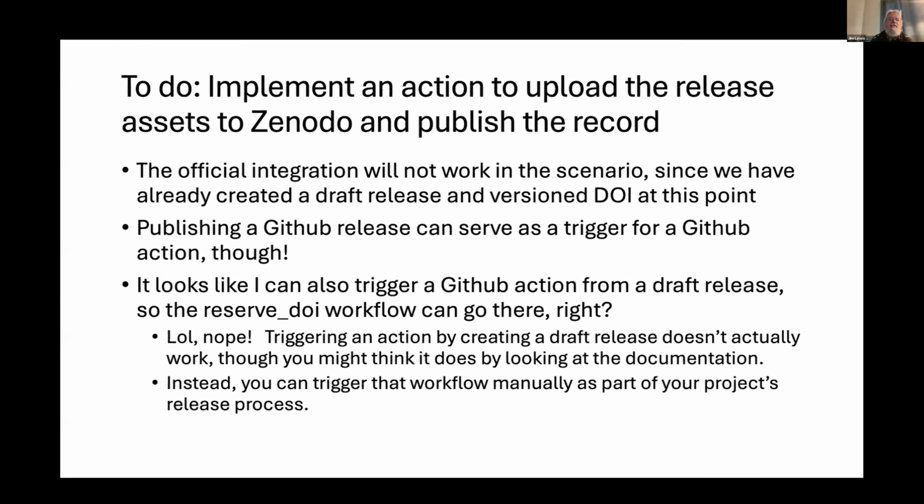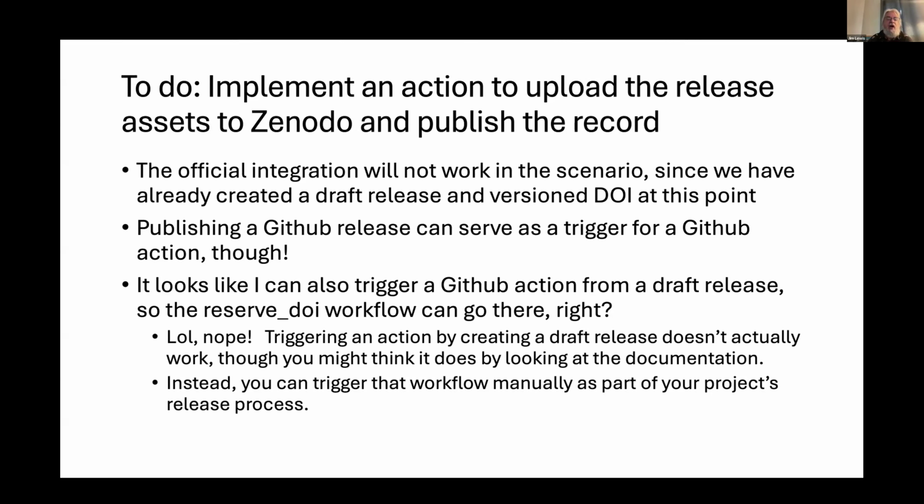And then finally, we have to do the actual publication. So again, you can't use the existing integration in this scenario because you already have created a draft release, and that blocks the Zenodo integration from completing it. But when you publish a GitHub release, that can be a trigger for a GitHub action.